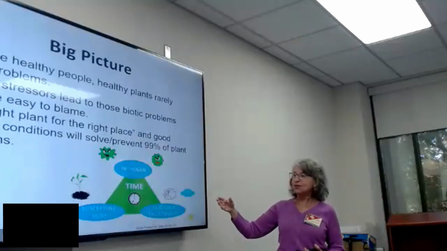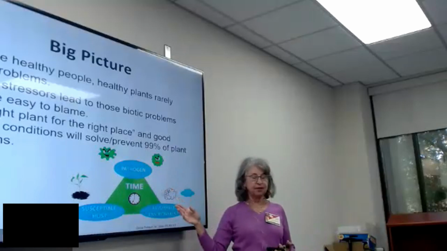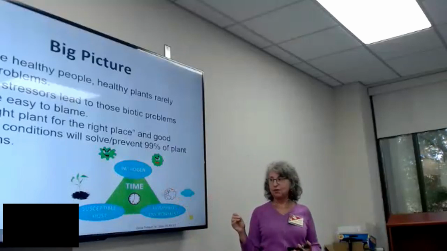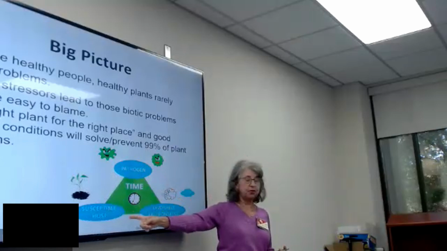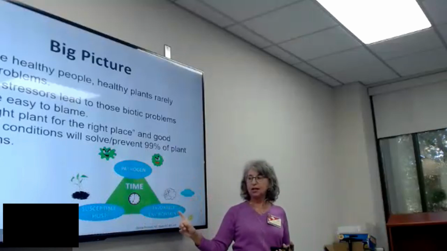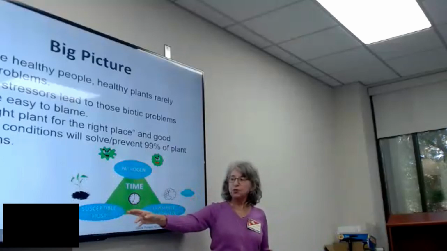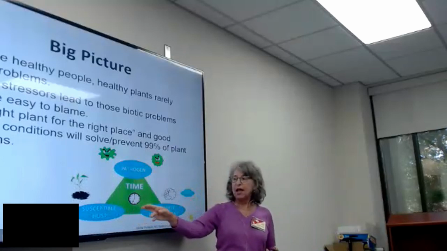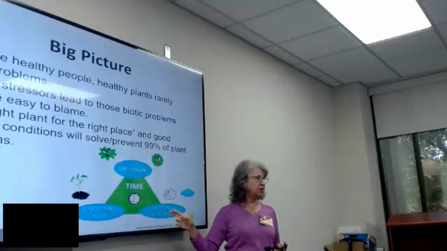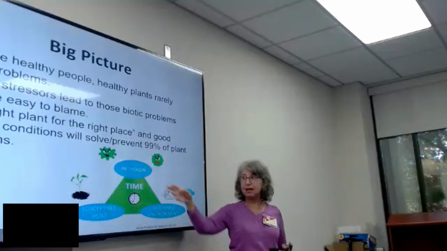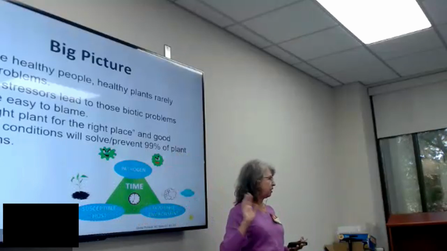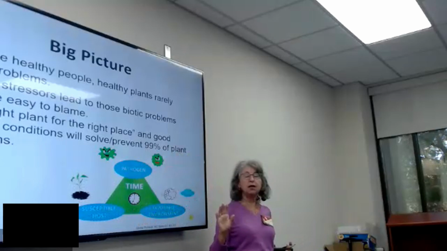So basically, you have to have three things in order for disease to occur. You have to have the susceptible host, the pathogen, and the environment. So just think about it. If you have a host that's susceptible and it's raining outside, which might make the conditions favorable for a particular pathogen, but that pathogen is nowhere to be found, your plant's still going to be healthy, right?